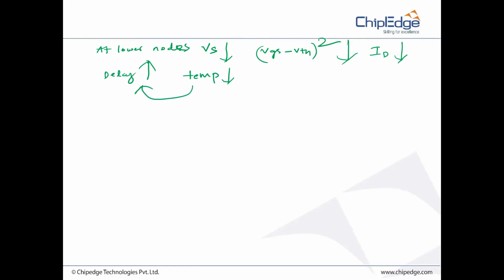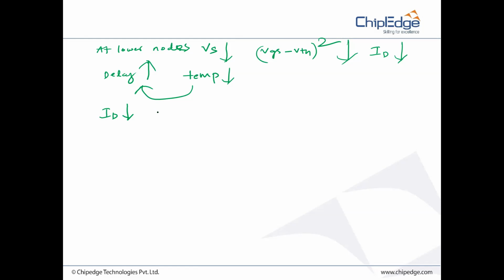It's interrelated. Any doubts here? So ID reduces. Please don't talk rubbish in between, that is a waste. How does ID reduce? ID reduces like this at lower nodes. Is this clear, guys? The Vs is less, then Vgs will be more.